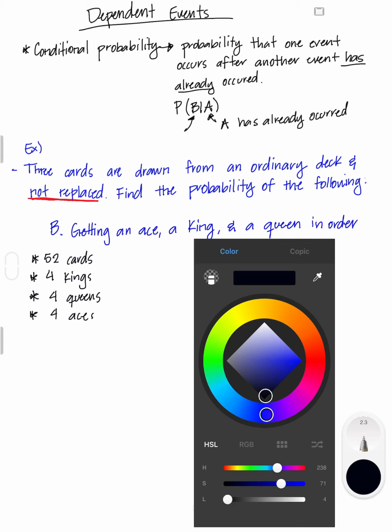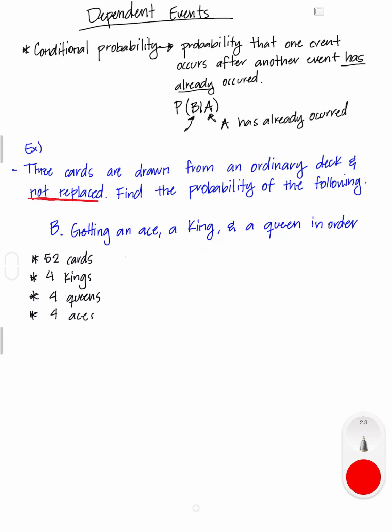So again, because there's no replacement, that means that we're working with dependent events.